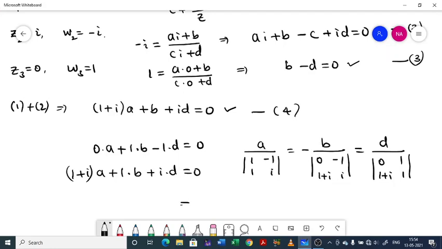So with this we will have a divided by i plus 1, it is.